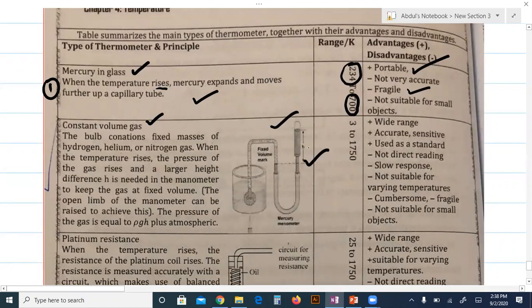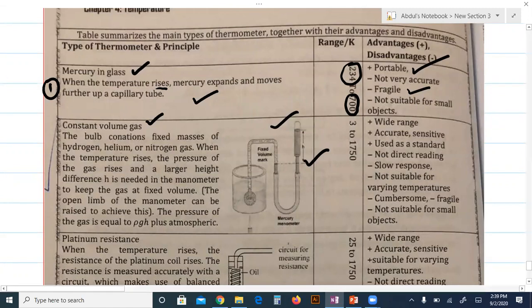So the manometer is raised, or more liquid is poured into it, to keep the volume constant. The open limb of the manometer can be raised to achieve this. The pressure of the gas is equal to rho g h plus atmospheric pressure. So this is called the constant volume gas thermometer.